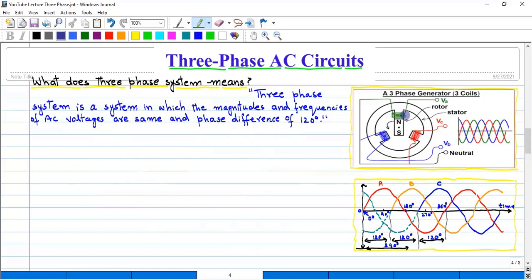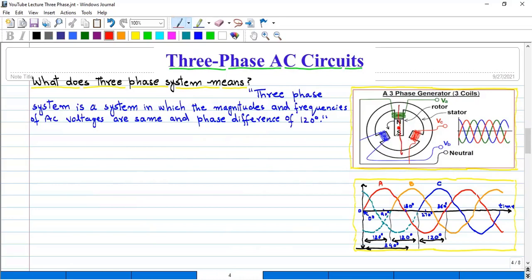In all phases, there is the same number of turns. It means the magnitude of the voltage will be the same in each phase because the number of turns of wire in each phase is the same. The next one is, the frequency of the three-phase system will be the same. And the third important point is, the phase difference should be 120 degrees.